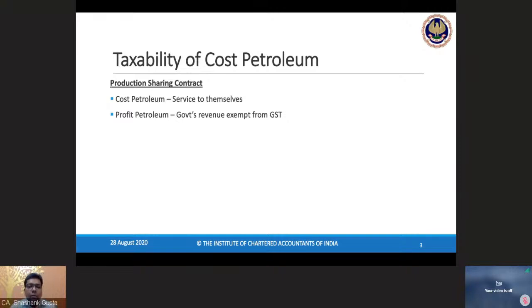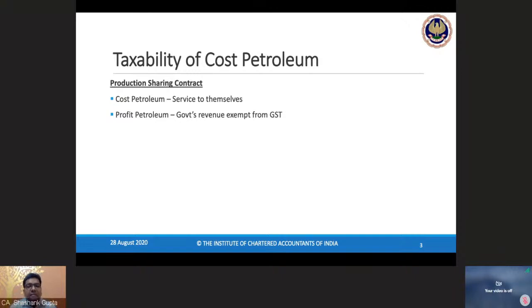First, let me tell you, as we discussed in our last class, at present petroleum products are outside GST. They are being levied excise duty, VAT, and central sales tax, as was prior to GST. So the question was, can this cost extraction be made liable to GST? The answer was no. Why no?